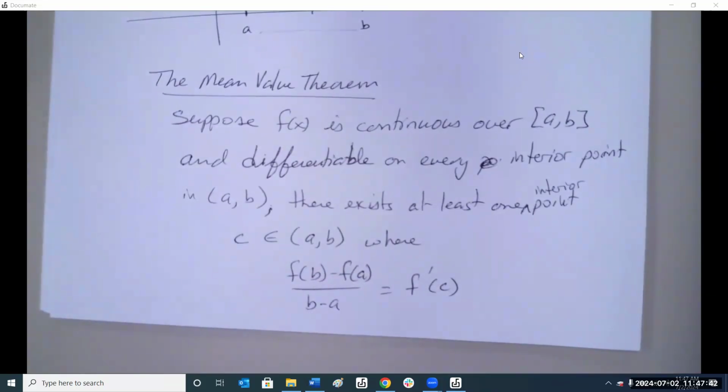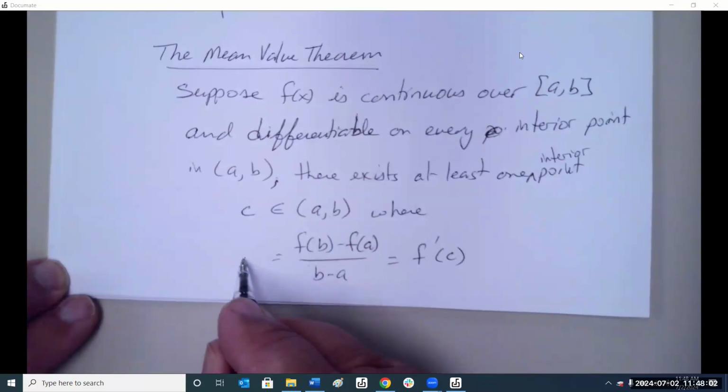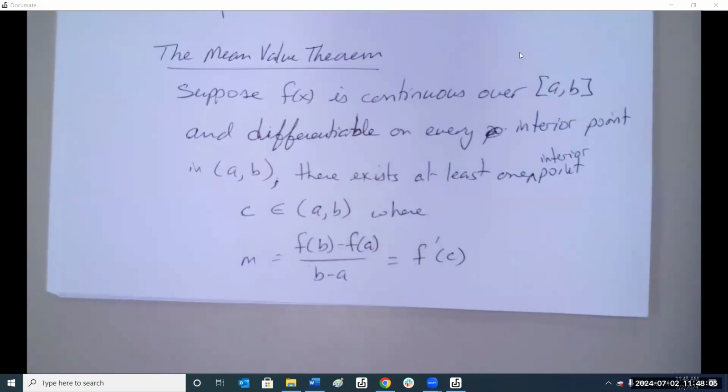Have we seen this formula before? Yeah, this is the difference quotient. We took limits of it as h goes to 0. This is h. This is the slope. The derivative is a slope. So the secant line has the same slope as the tangent line, which means they're parallel.